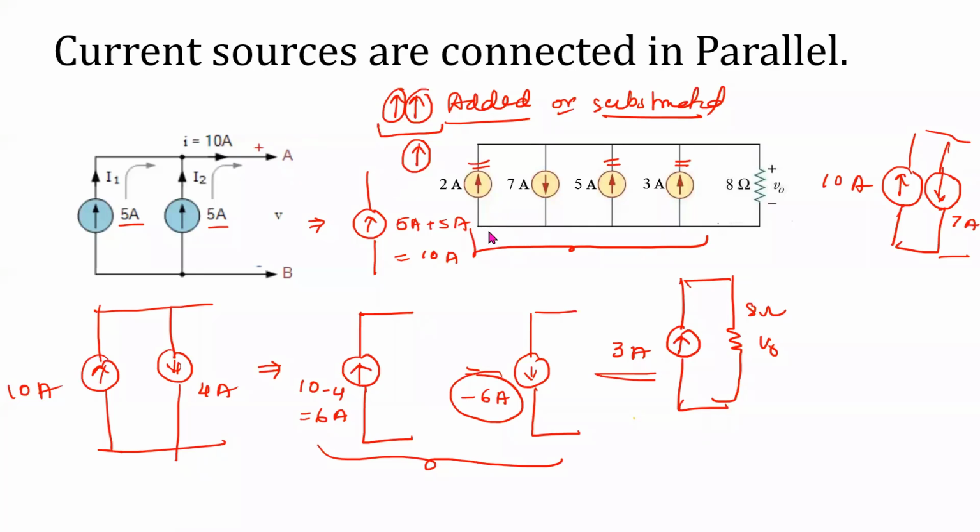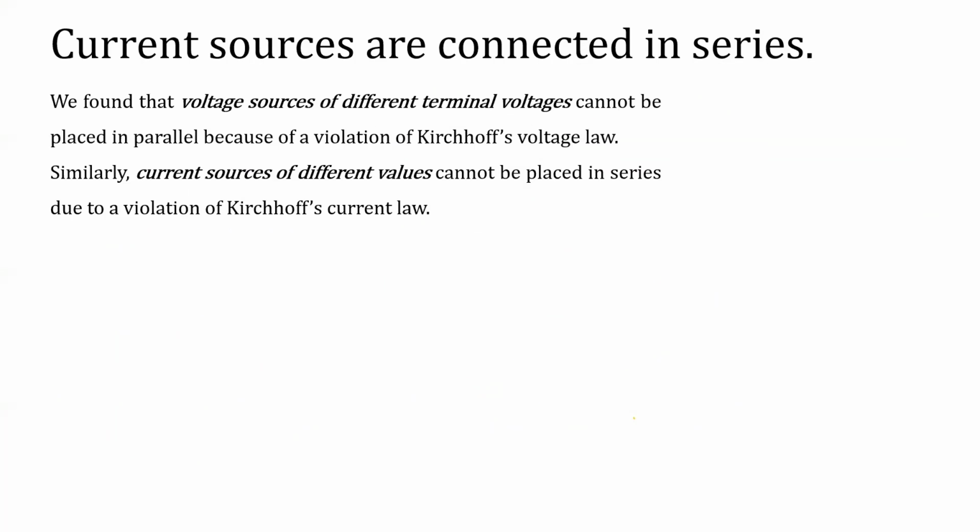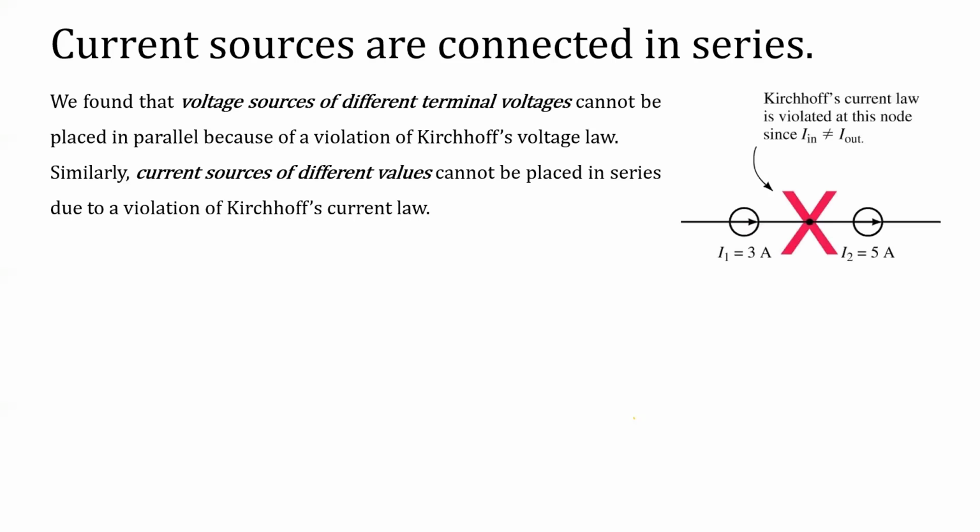Now, there is one more possibility. What happens if current sources are connected in series? It doesn't obey Kirchhoff's current law, because we have said in a series circuit current is same. Here I1 is 3 amps. The same current is flowing through the same connection, but when it reaches this point we are saying that it is 5 amps. It is not at all correct.